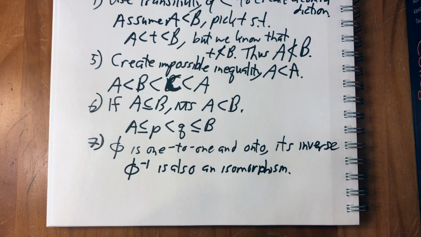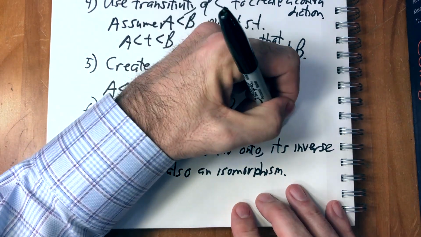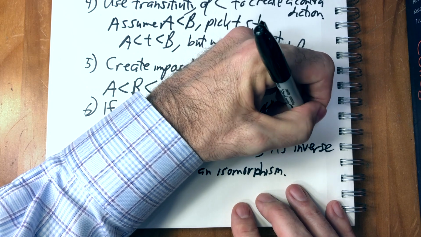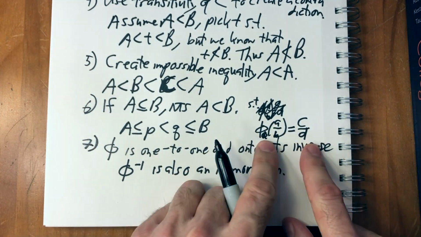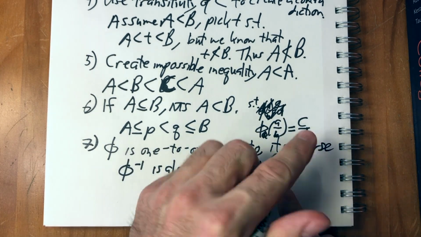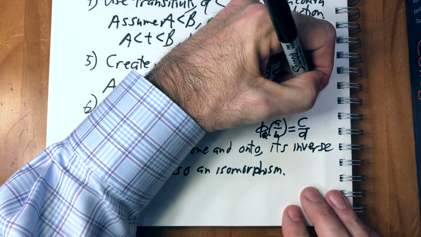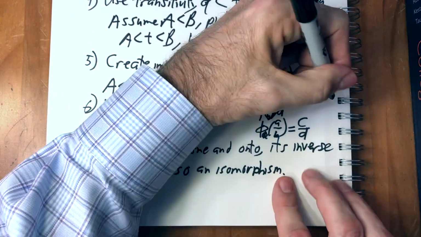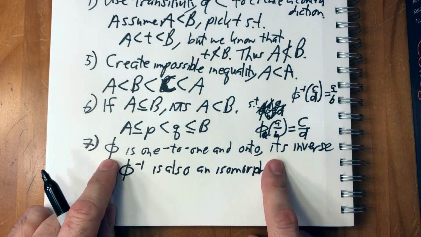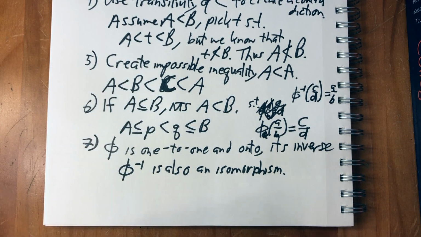This isn't saying anything that we don't already know, because for instance, when we were doing the rationals, we needed to define an A over B such that phi of A over B equals C over D. So if this is true, then obviously you can just name a function the other way, phi inverse of C over D, that gives us A over B. That's all we're doing here: if phi is 1-to-1 and onto, then it has an inverse, which is also an isomorphism from y to x in the other direction.